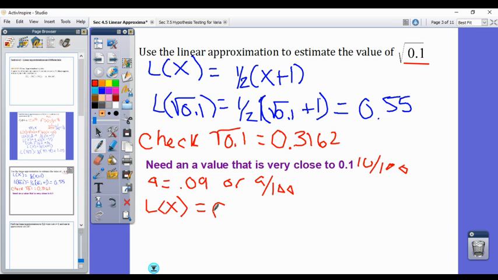So my formula, remember, okay, so when we plug in our a, we're going to get the square root of 9 over 100.